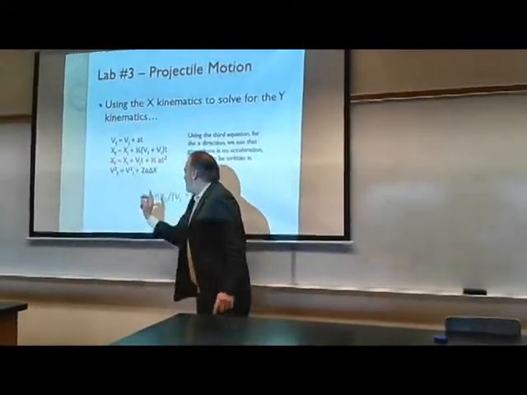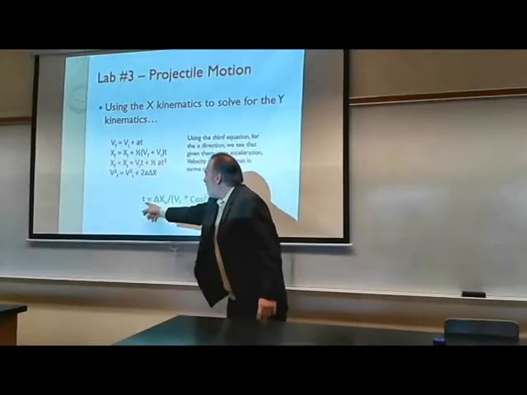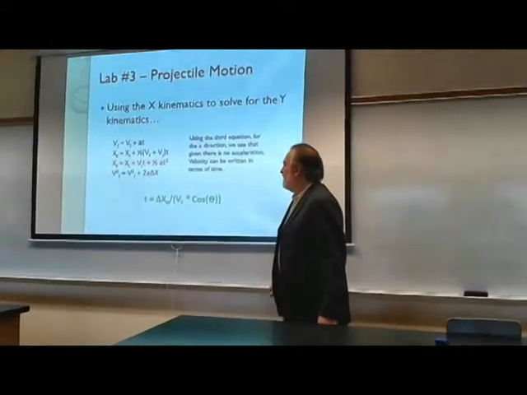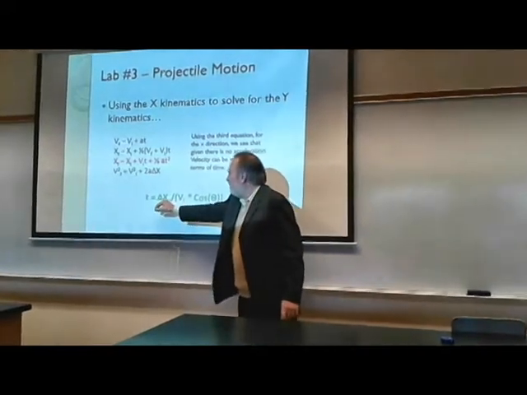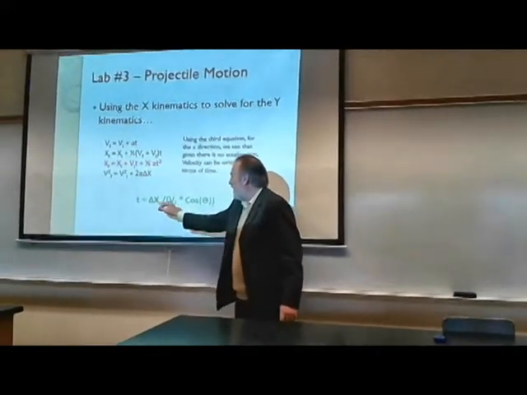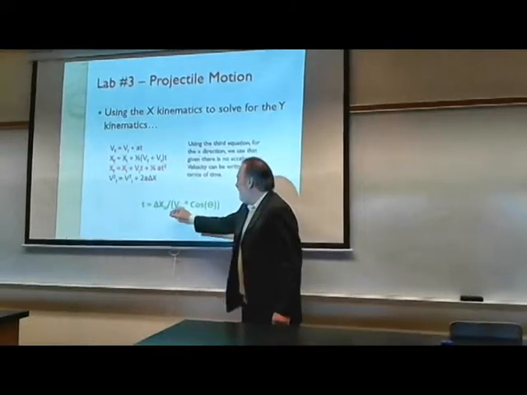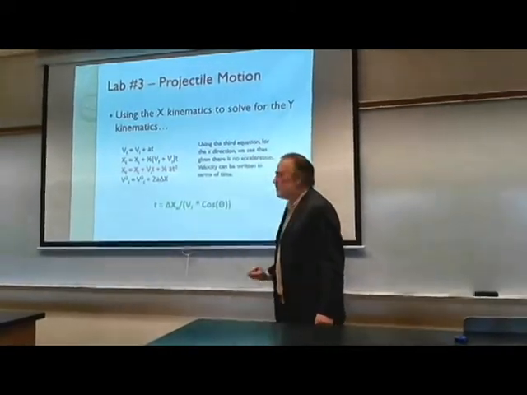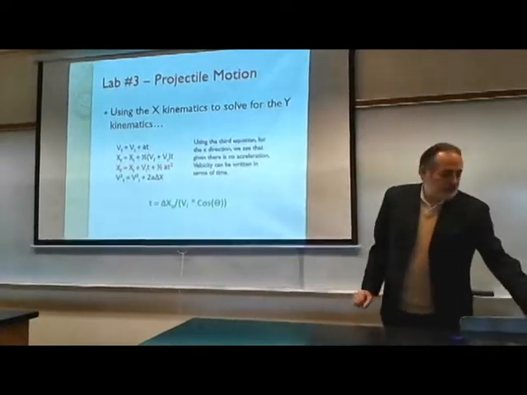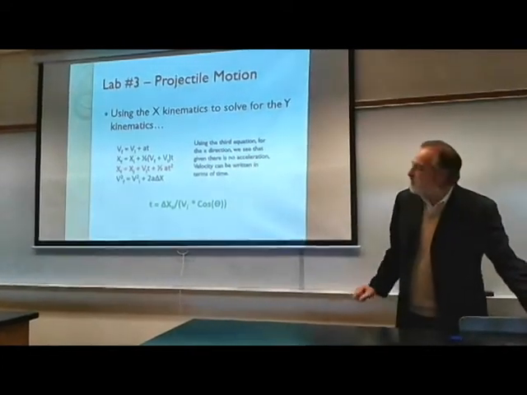So given the distance, I can solve for time. And you see that time is equal to the displacement of the marble in the x direction, divided by the velocity in the x direction, velocity initial times cosine of the angle. So I have that one piece for time.